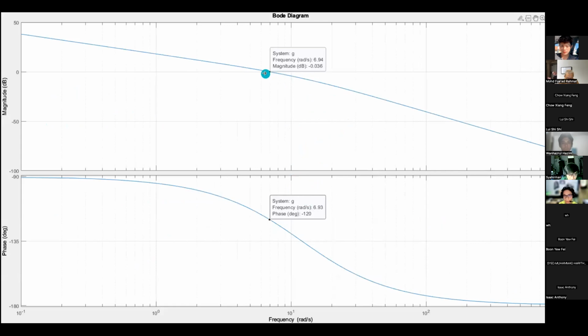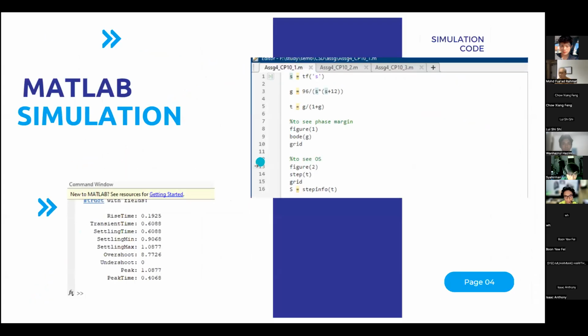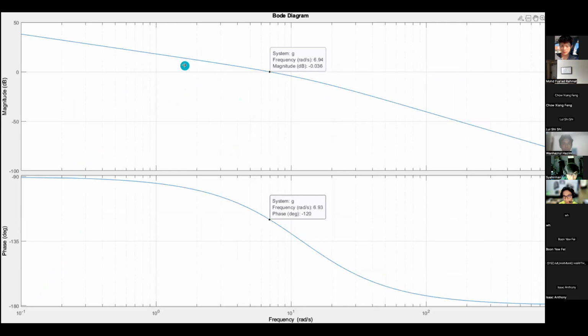Okay, this is our Bode plot. From the Bode plot, we can see that our phase margin is 60, because 60 plus 100 minus 120 plus 180 is 60.